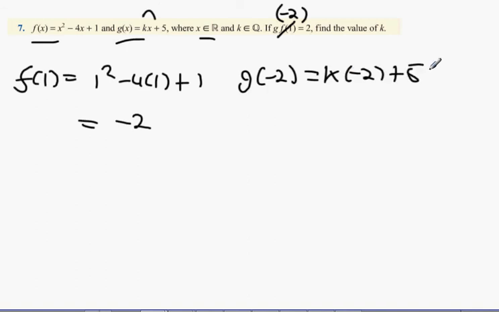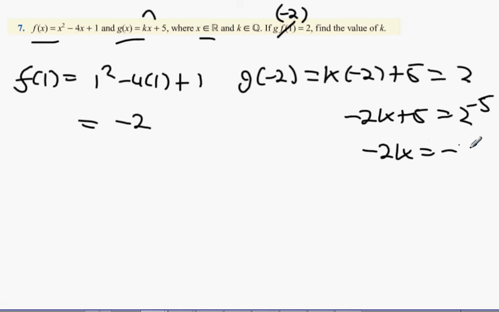We know the answer is 2, because it tells us 2. Minus 2k plus 5 equals 2. Minus 2k equals minus 3. k therefore equals 3 over 2. Any questions on that one? Just follow the procedure it lays out for you, really.